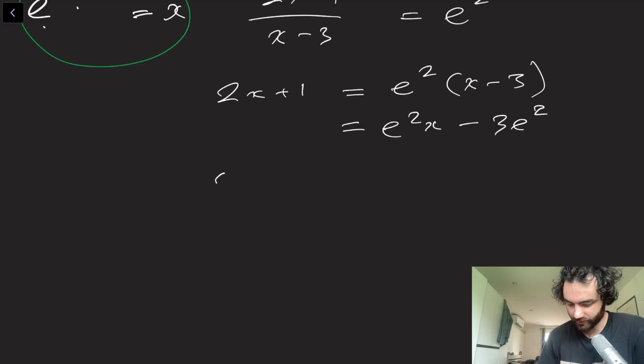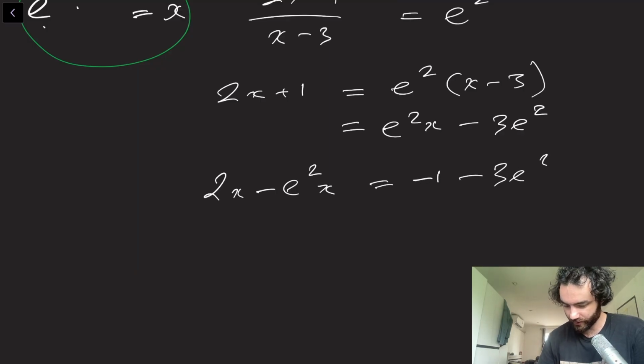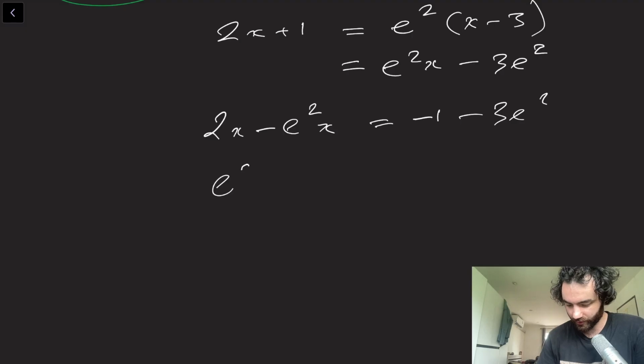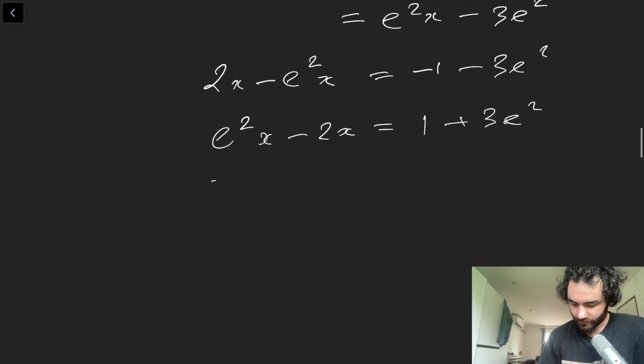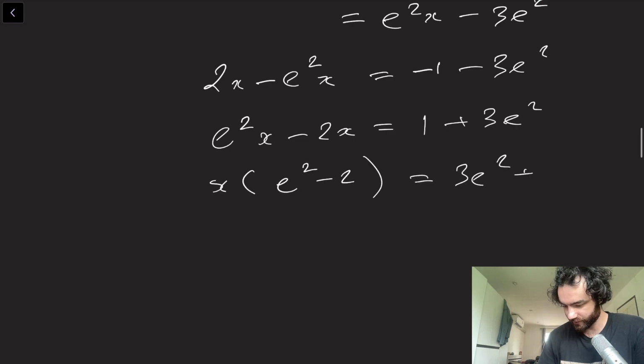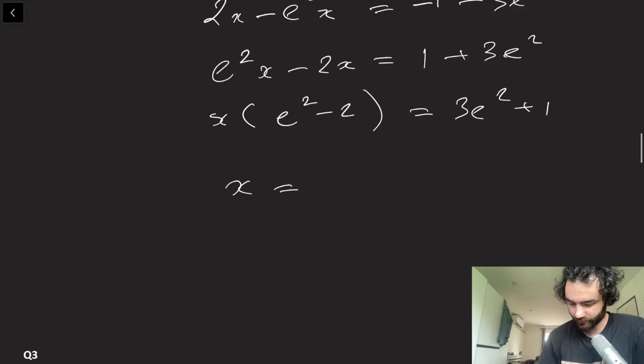Take that over, we get 2x minus e squared x equals minus 1 minus 3e squared. Divide through by minus 1, you get e squared x minus 2x equals 1 plus 3e squared. Take out an x, you get x times (e squared minus 2) equals 3e squared plus 1. So your x, in terms of e, is (3e squared plus 1) over (e squared minus 2).